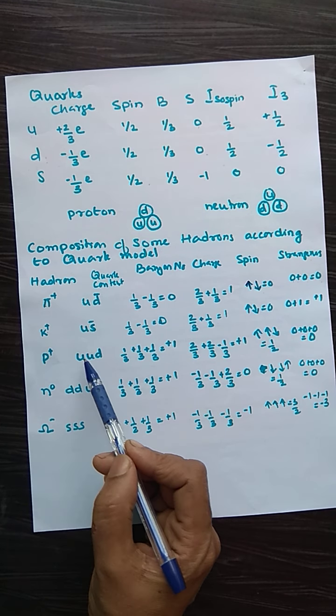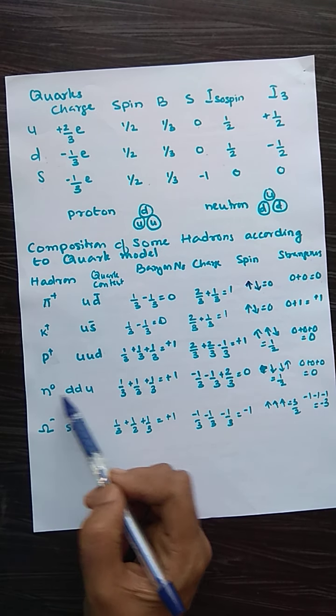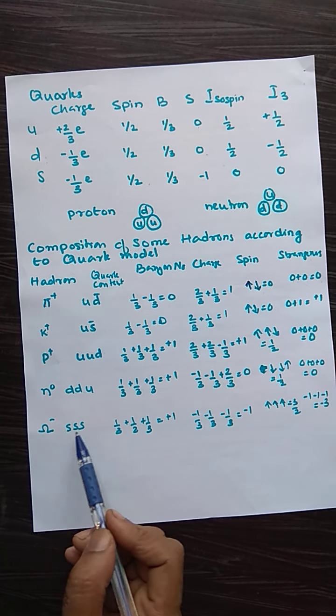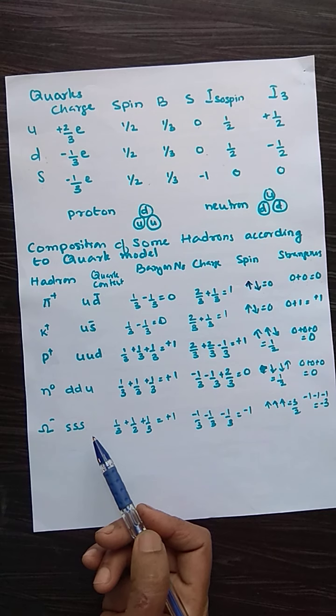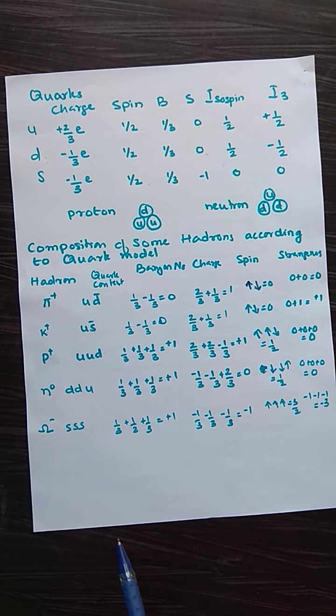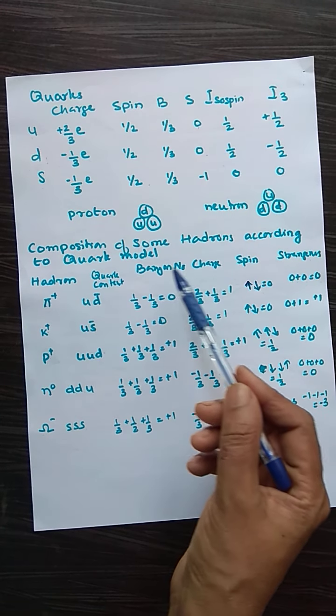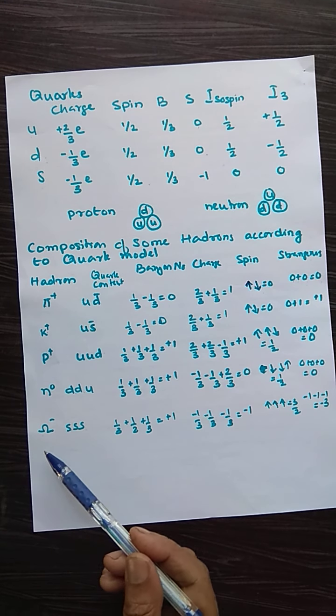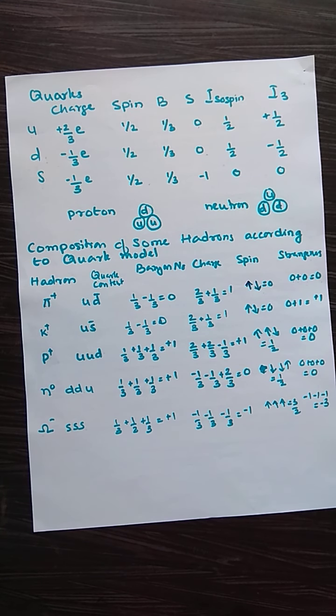For a proton, UUD. For a neutron, DDU. For an omega minus particle, it is SSS. So this is the quark composition of some of the hadrons. Similarly, you can find out the different quantum numbers, baryon number, charge, spin, strangeness, etc., for other particles once you know the quark content of that particular particle.